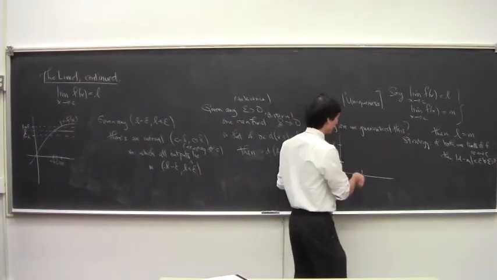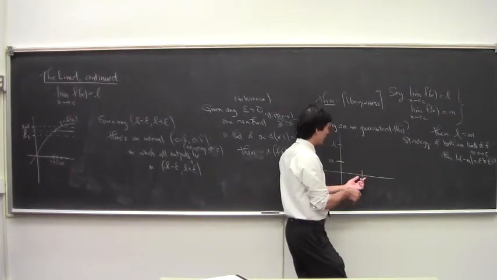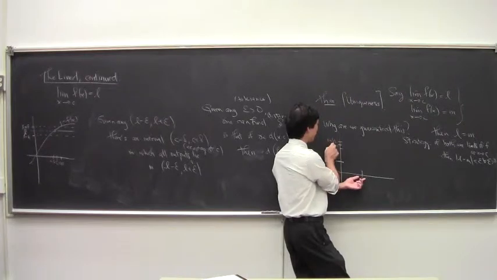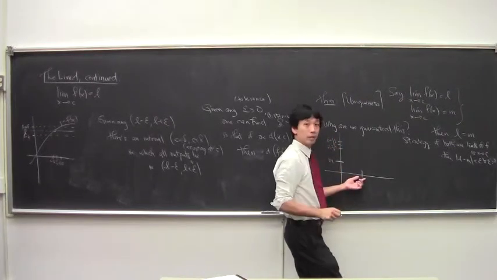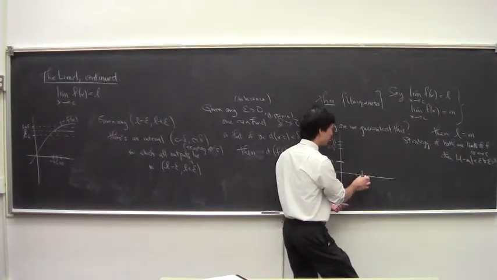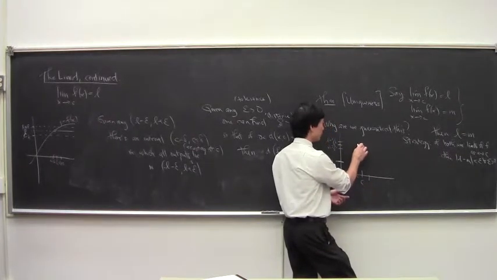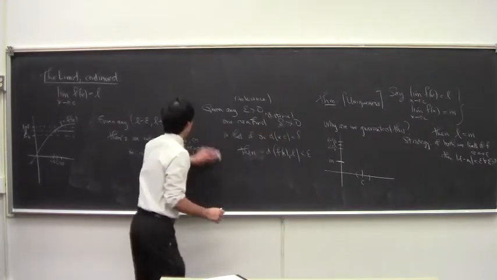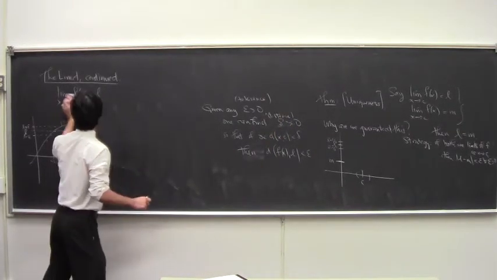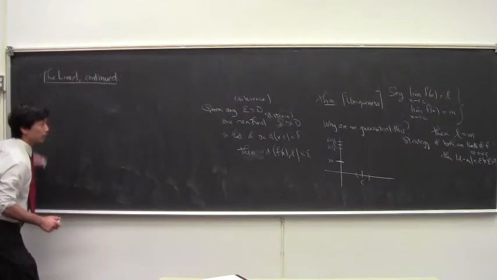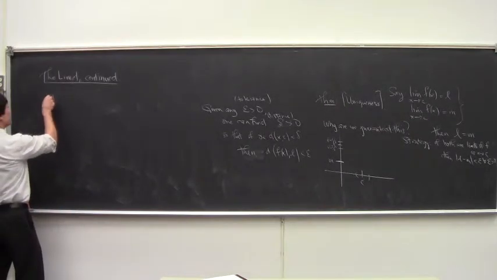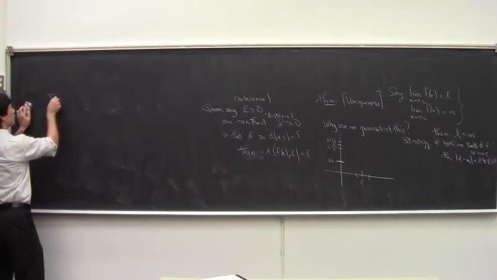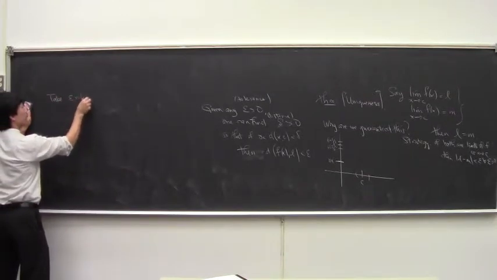I know that if I take L plus a half and L minus a half, then there's a place around here where everybody lies within half of L. So take epsilon to be a half.